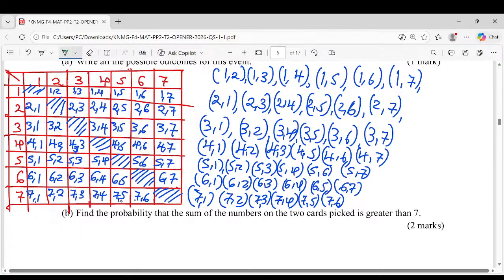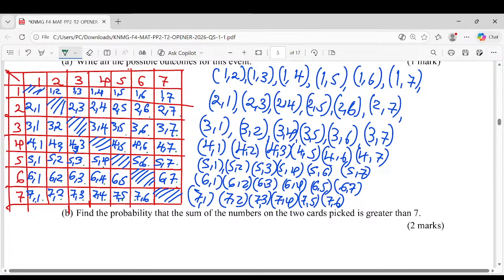Counting those that are greater than 7: 1, 2, 3, ... up to 24.